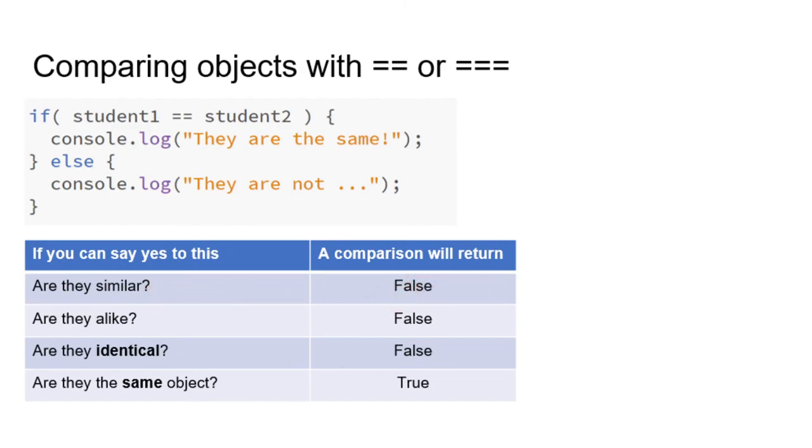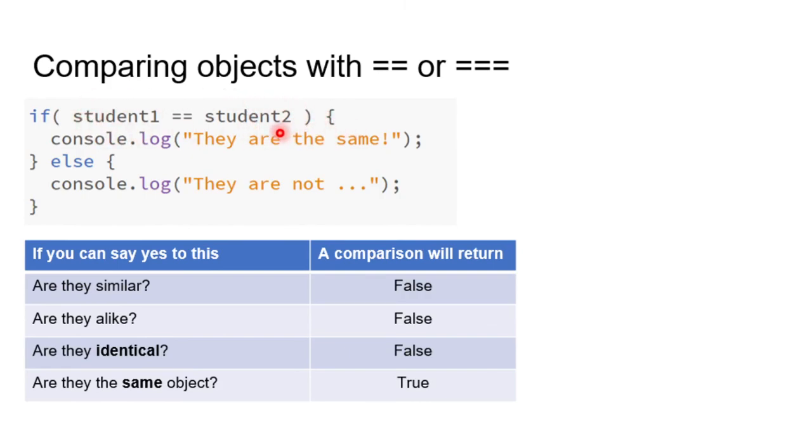Comparison will say false. If they have the same properties, no, false, they are not. Are they identical? Exact same properties, same values for the properties? No, they are not. Are they the same object?